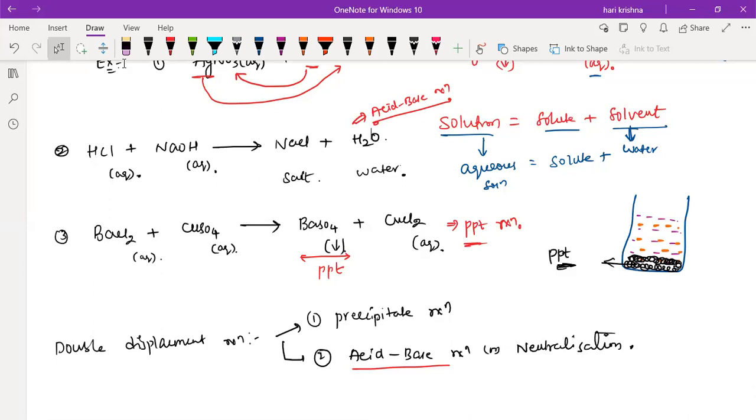So types of chemical reaction, any doubts for anyone? No, sir. How many of you understand this topic? Raise your hands. Types of chemical reaction: combination, decomposition, displacement, double displacement. How many of you understand fully? Raise your hands. What about Harini? So a few doubts are there.